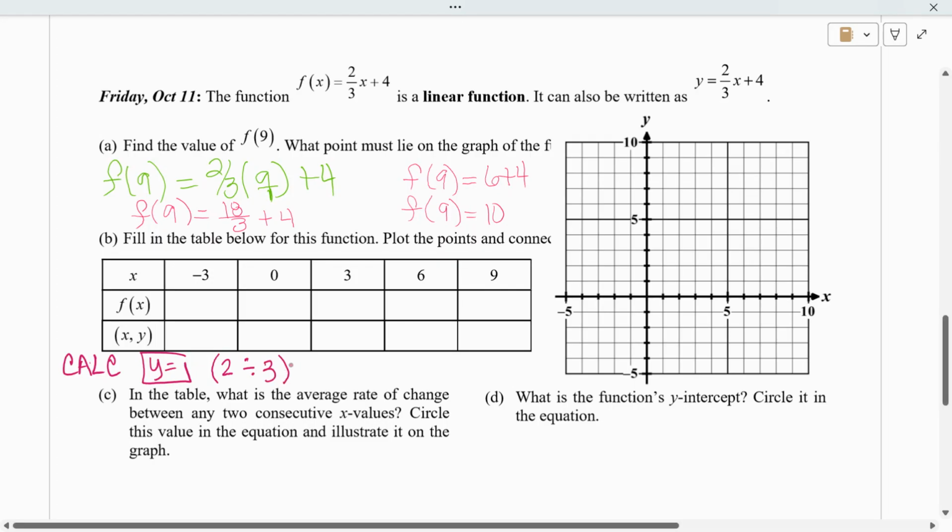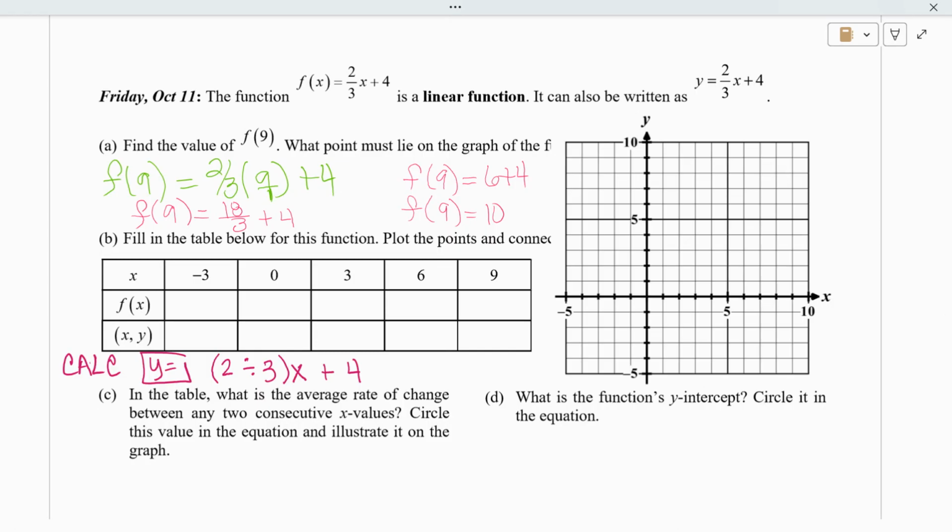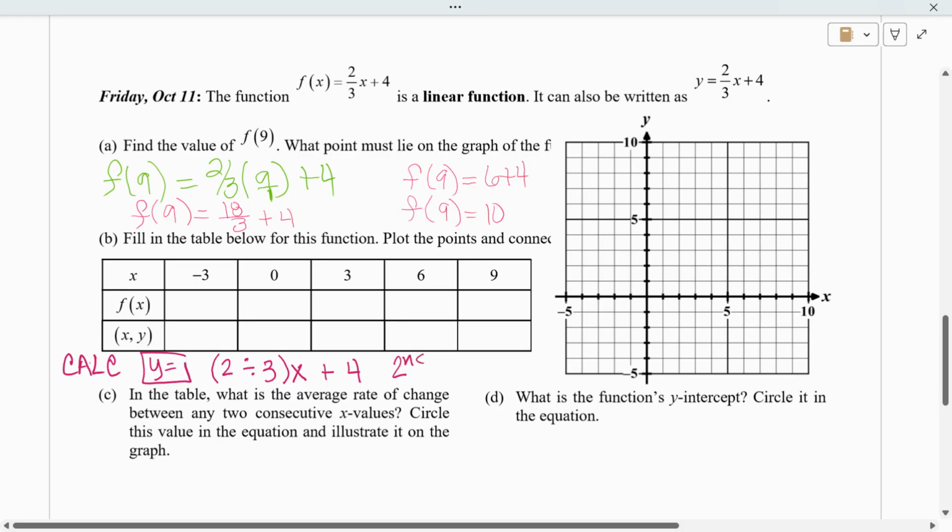Close your parenthesis. Throw an x there. Plus 4. That's what I want you to write. And then what are we doing? Second graph. You're going to press the second button and the graph button.